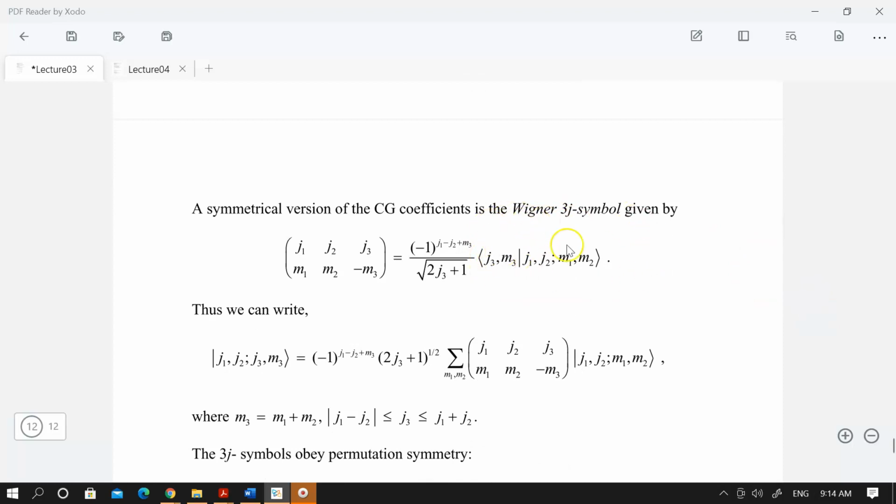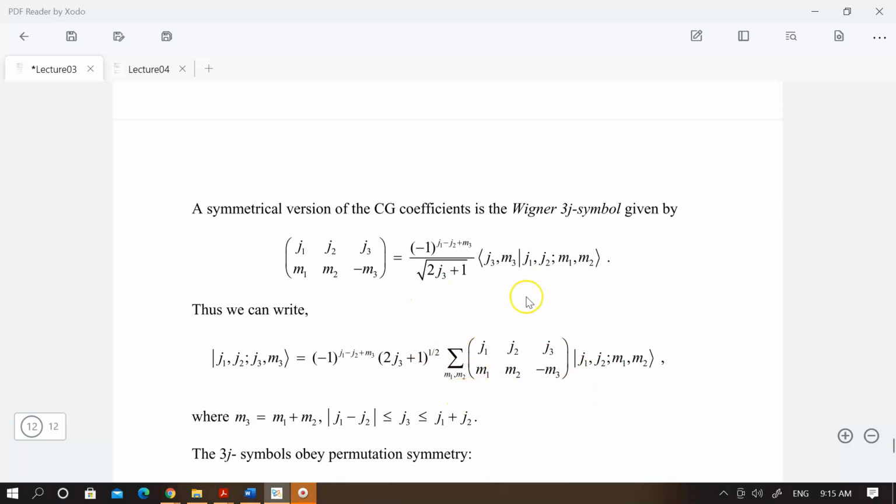Essentially the Wigner 3J symbol is sometimes called a symmetrical version of your Clebsch-Gordan coefficient. So instead of your Clebsch-Gordan coefficient, one can write your coupled representation with the uncoupled representation in terms of the Wigner 3J symbols.